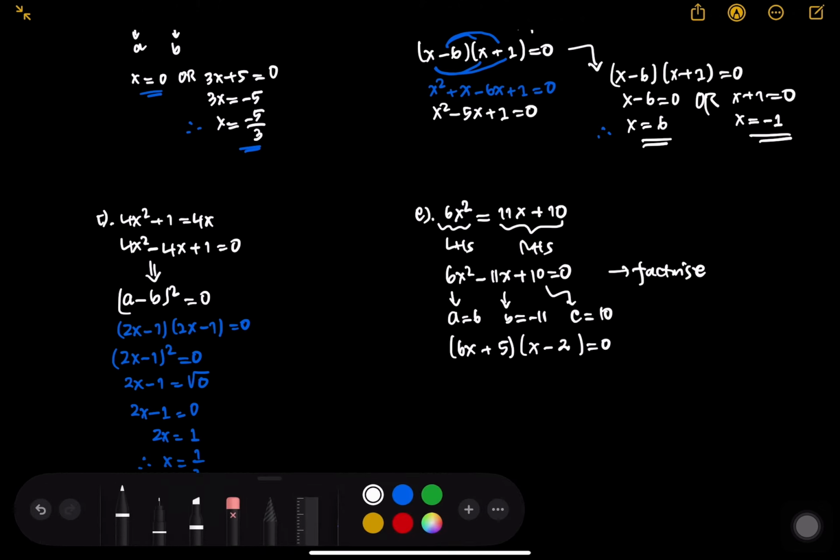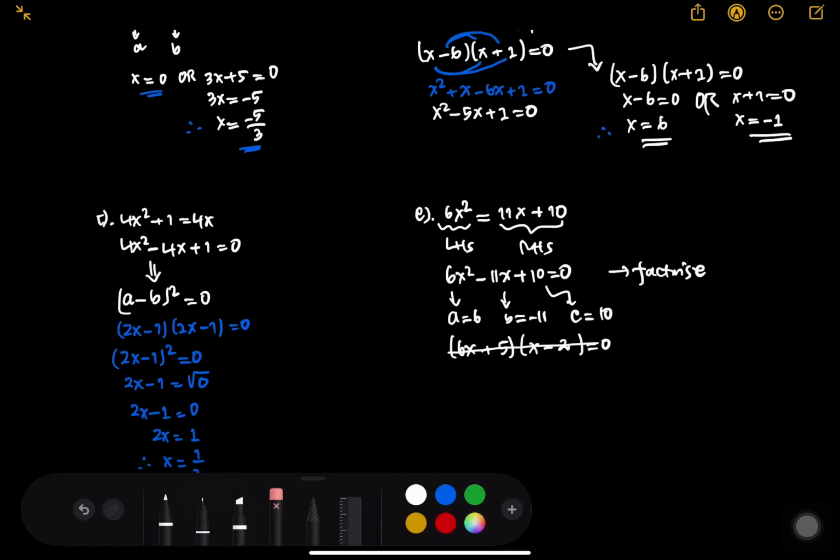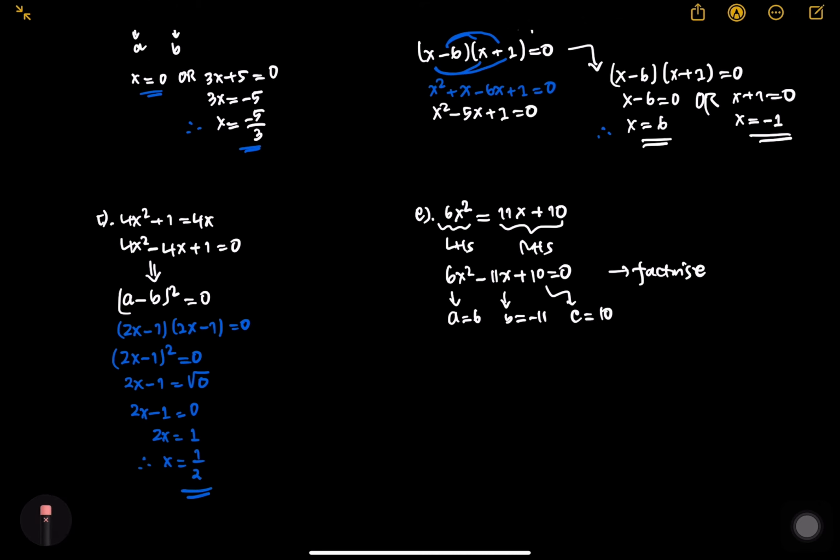So I think 6x times x is not the right factorization, so I can change that into 2x and 3x equals 0. So that's the right one.